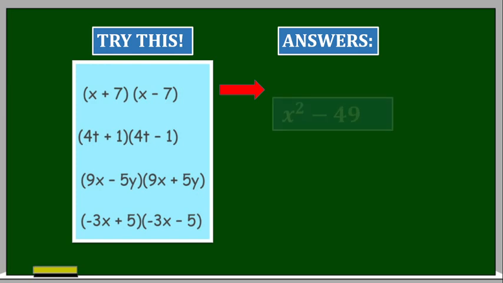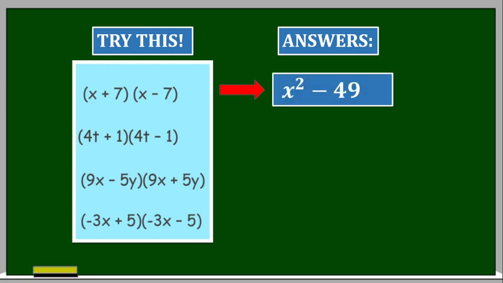So x squared minus 49. The same goes for number 2. Square of the first is 16t squared, minus square of 1. 1 times 1 is 1.